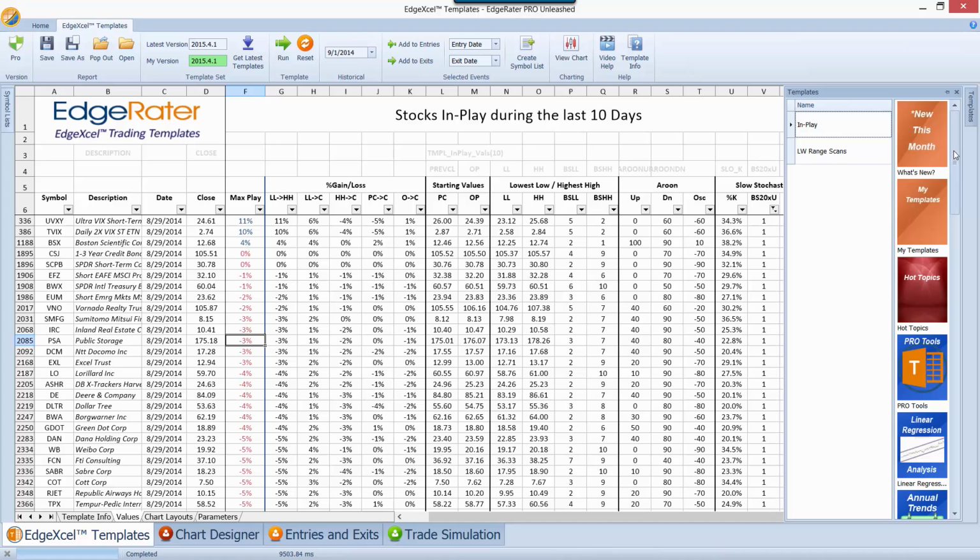Okay, now if you decide that you have a particular set, and this leads into another question we got from Dan, if you decide that this set of columns is not exactly what you want, you can add some other columns in or remove columns, and create your own templates. It's quite straightforward to do, and I would like to show that.